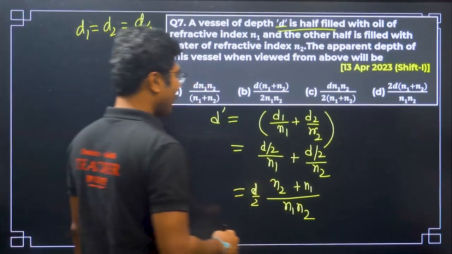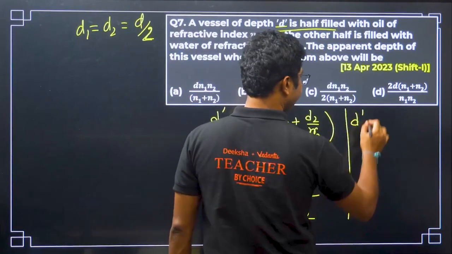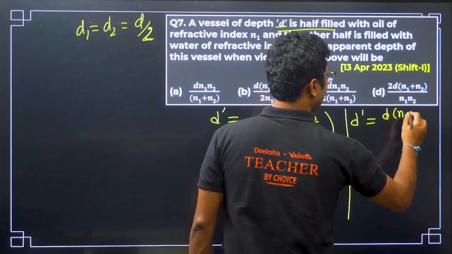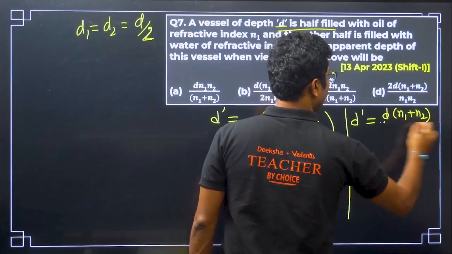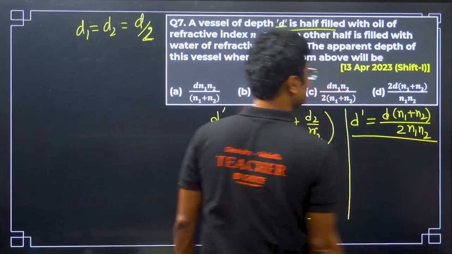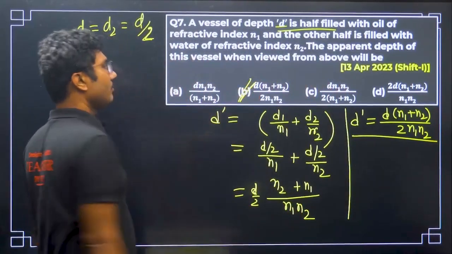So what you get from here is the apparent depth given by D into (N1 plus N2) divided by 2 N1 N2. This is the formula for apparent depth. So you can see this is the correct answer for this question.